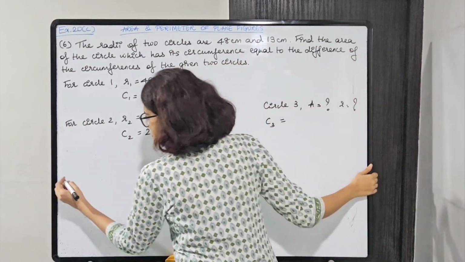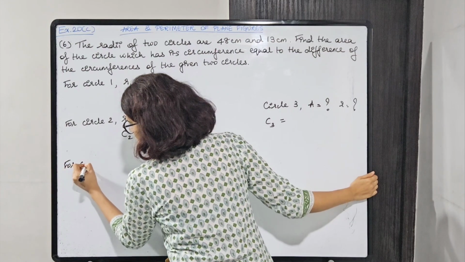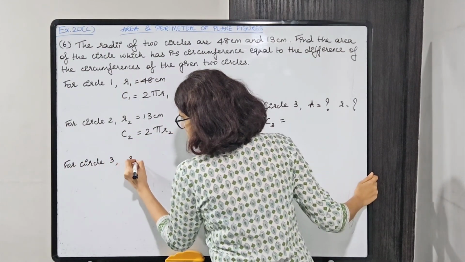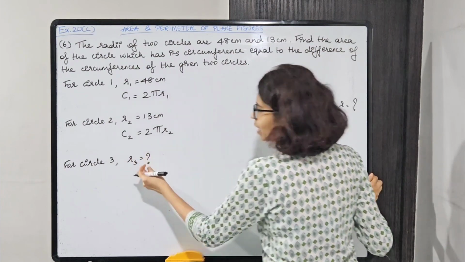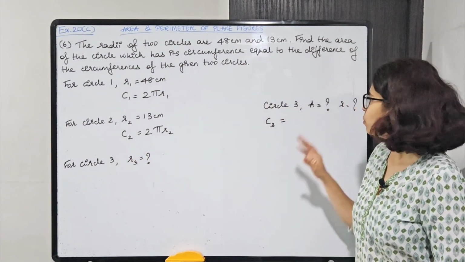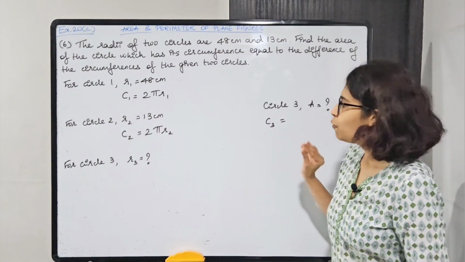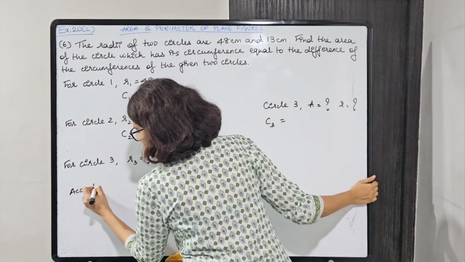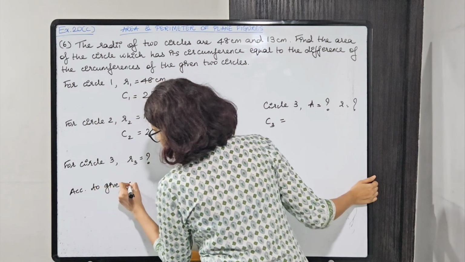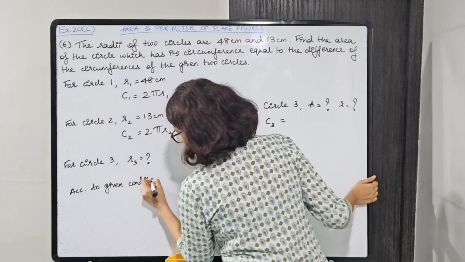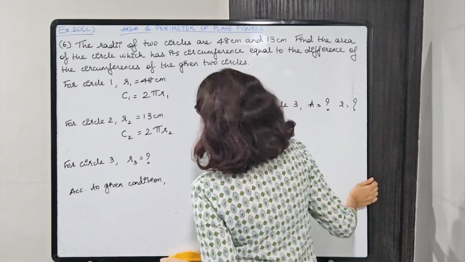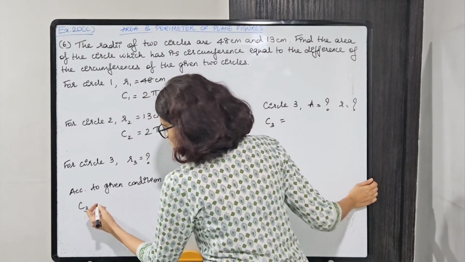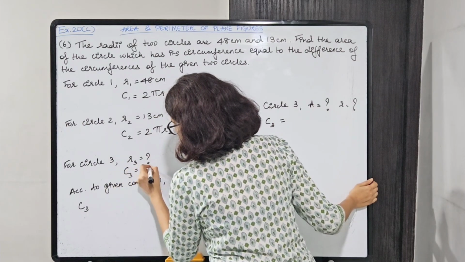So for circle 3 we need to find out the radius first. Only if we get the radius will we get the area, right. So the radius has to be found out. For that you are given some condition. So according to the given condition, it states that the circumference of the third circle, write here, C3 is equal to 2 pi R3.